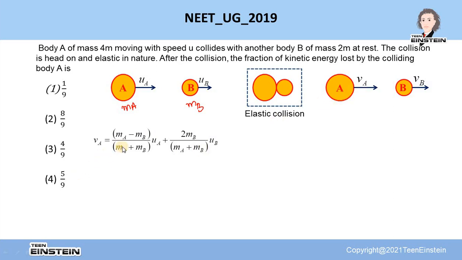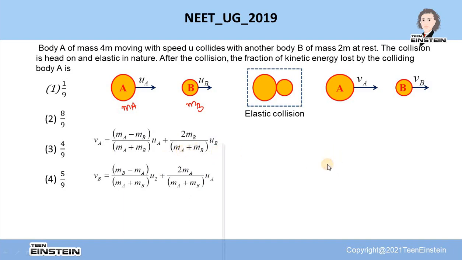And this velocity you will be able to find out in terms of the initial velocities UA and UB and the masses MA, MB. Similarly, you can find out the velocity of the object B also. What you have to do in this equation is just replace subscript A by B. Look at this form. Anyway, we need only this velocity.